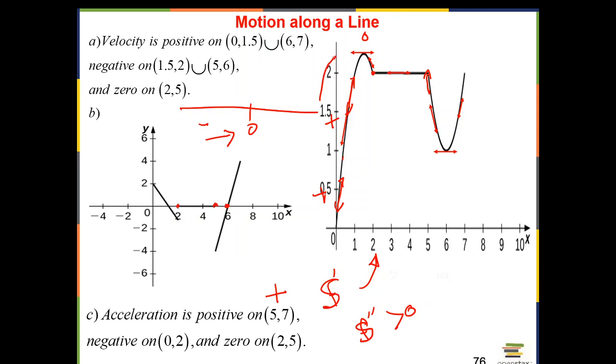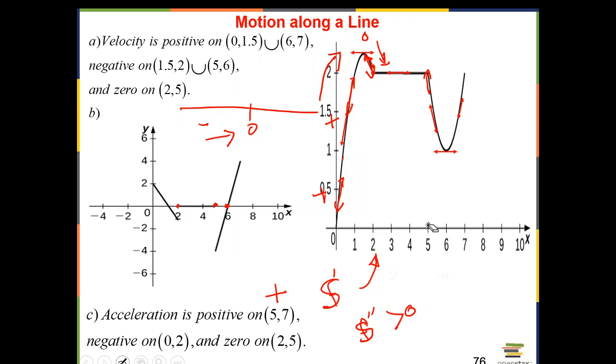So that means the slopes are decreasing, right? And here they start from 0 and go to some negative value, so they're decreasing. Here they go from positive to 0, that means they're decreasing, right? So in this interval, from 0 to 2, acceleration is negative. And acceleration is 0 on 2 to 5.